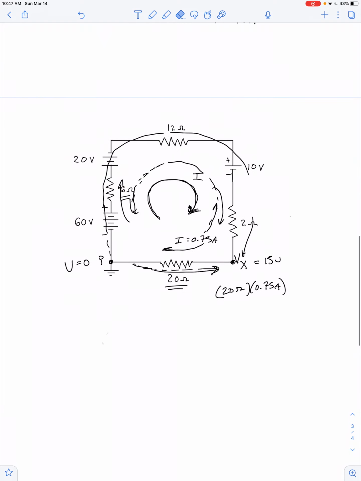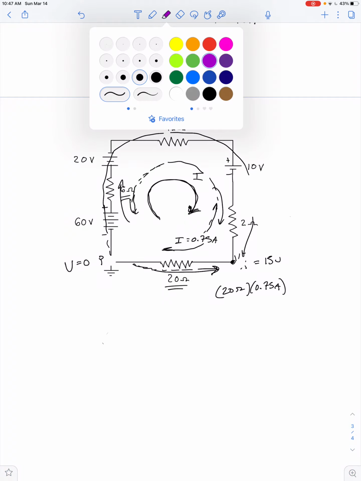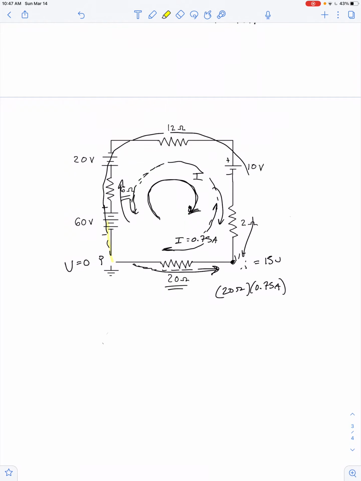So as we go the long way from point P to point X, we're tracing around the circuit in the direction of the current.